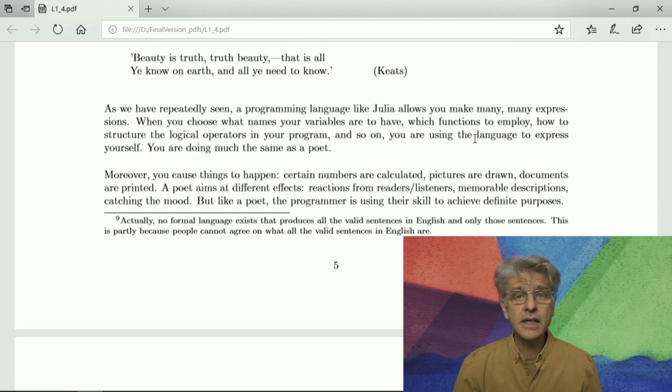It is exactly the same sort of thing as a poet does, but you're expressing yourself in a computer language, not in poetry. And because you're doing it in a computer language, you are causing things to happen. Numbers are calculated, pictures are drawn, documents are printed, and many more things. The poet aims at different effects, wants to get reactions from the readers and listeners, supply memorable descriptions, catch a mood, but a programmer is also using their skill to achieve definite purposes.